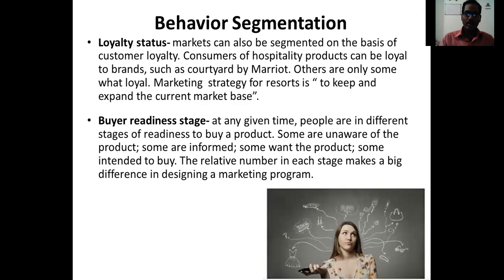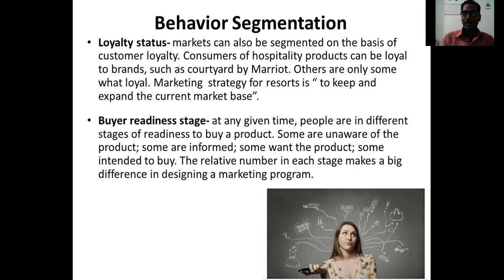Then loyalty status. Marketers can also segment on the basis of customer loyalty. Consumers of hospitality products can be loyal to brands such as Courtyard by Marriott. Others are only somewhat loyal. So what happens? Loyal means people who patronize our product and give us repeated purchases.